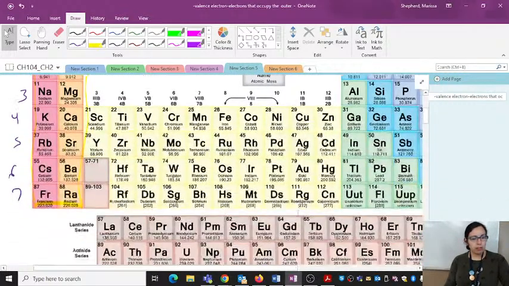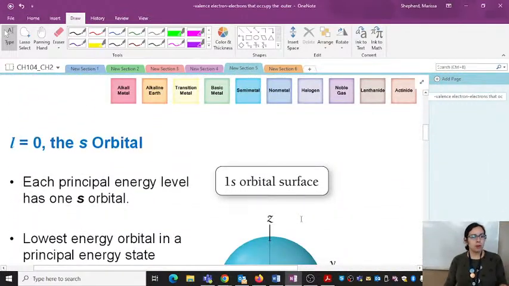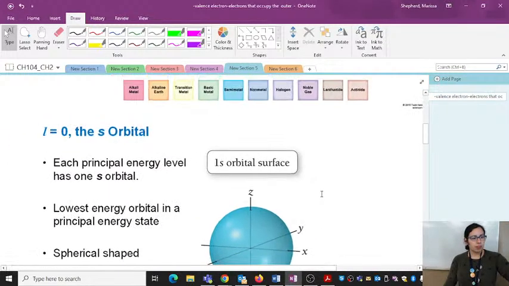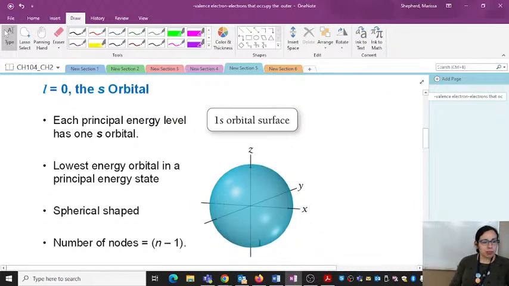Now let's look at what an s orbital is. What does it look like? We have our s orbital here. This is what it looks like, just a big sphere, and every energy level has 1 s orbital.